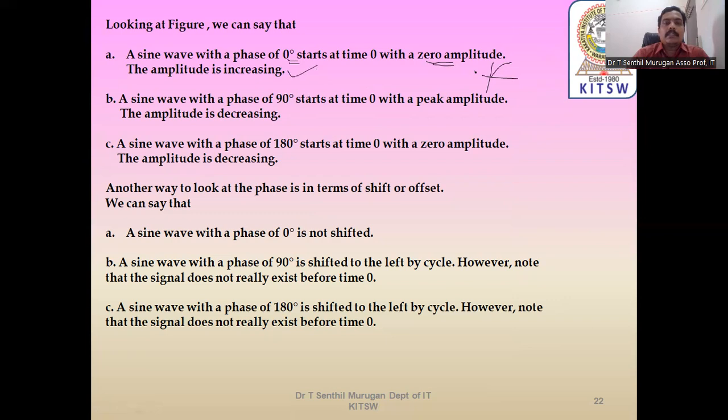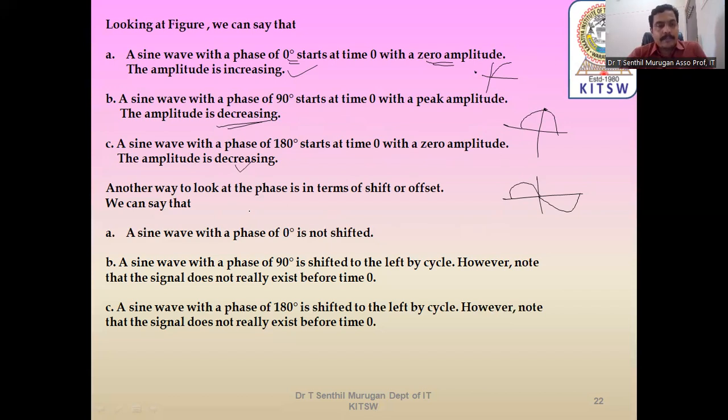If the phase is 90, it has already reached the peak, so it will be decreasing. If the phase is 180, half the period is over, and it is again decreasing. So remember, according to the phase, the wave starts at the time 0 point.